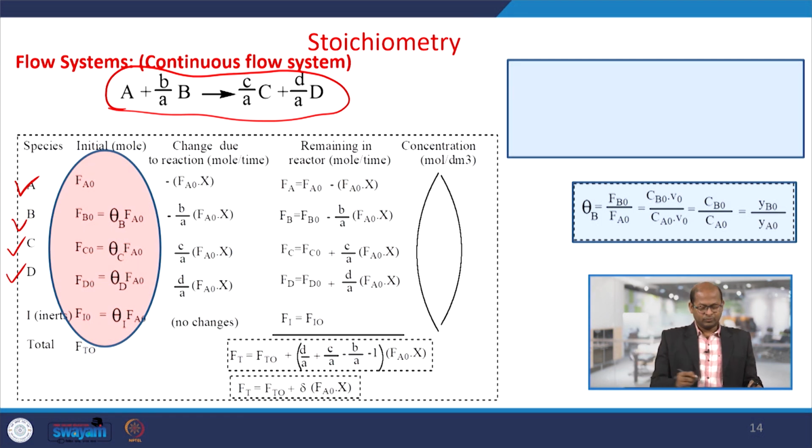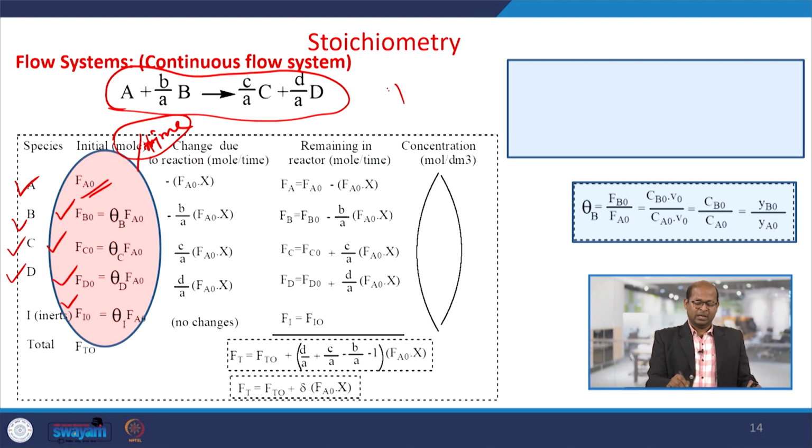In the flow system, the initial moles per unit time are the molar flow rates of component A, component B, component C, component D, and component I, that is the inert component.